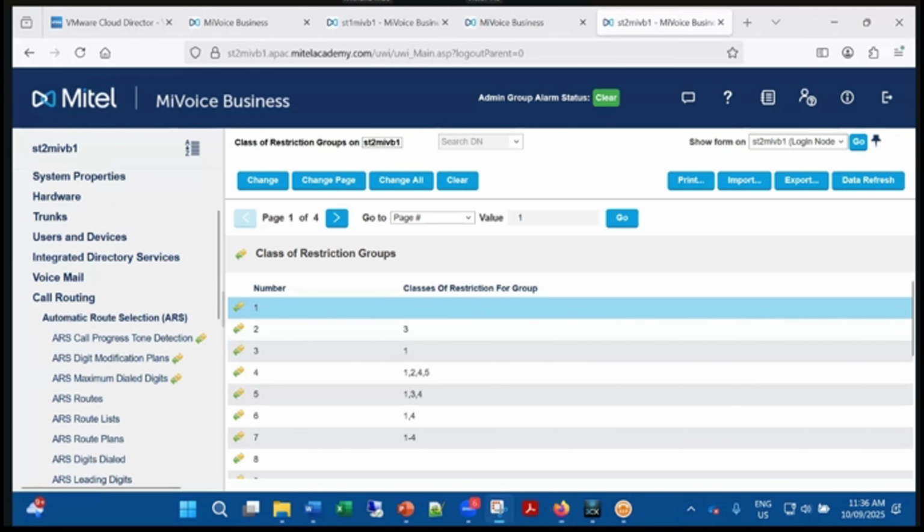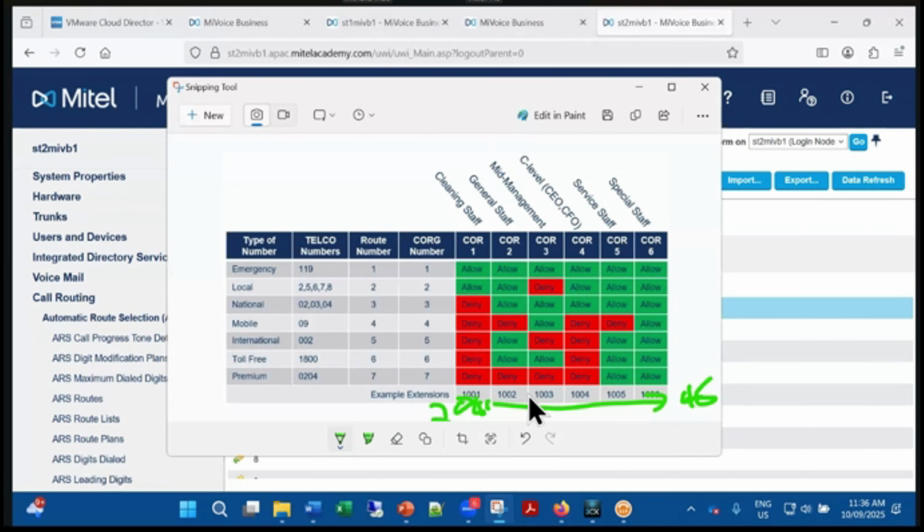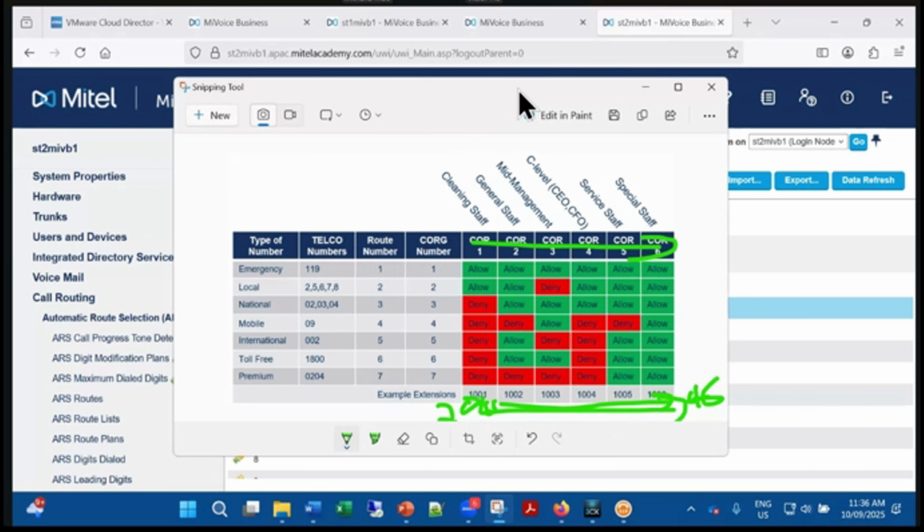And notice in my example the extension numbers are in a nice sequence. The core numbers are in a nice sequence. So this makes programming very easy.